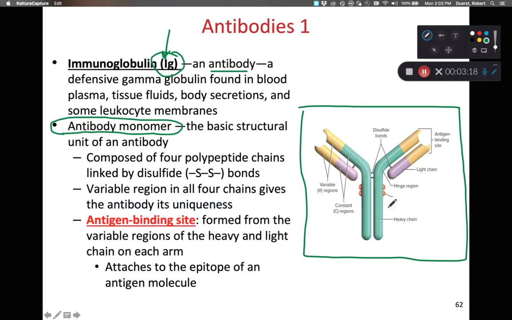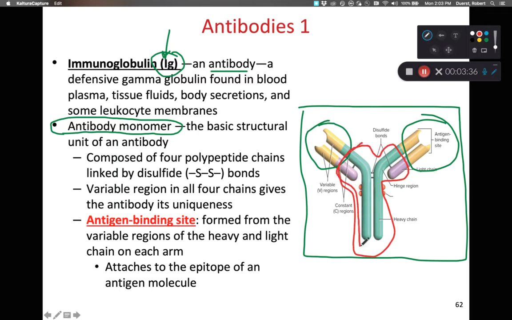As we look at our antibodies, there are constant and variable regions. The variable regions bind to specific antigens. The constant region, which I'm about to circle in red, is the same regardless of what antigen the antibody is designed to bind to.